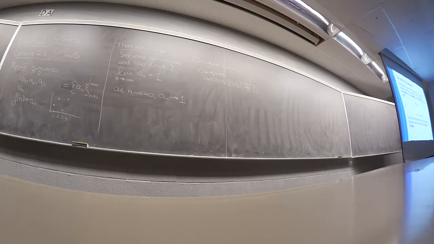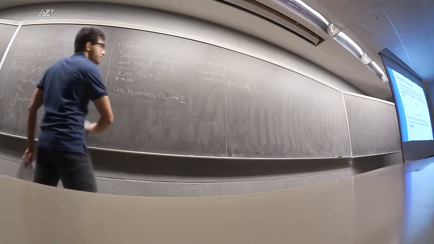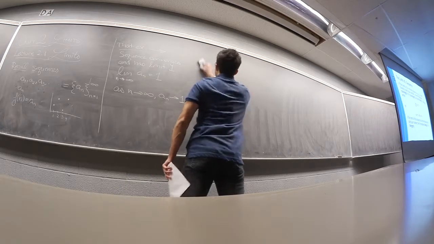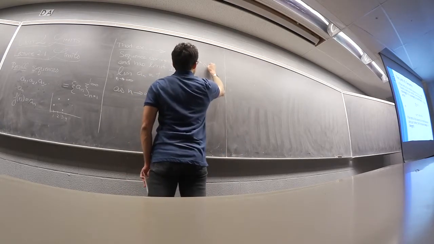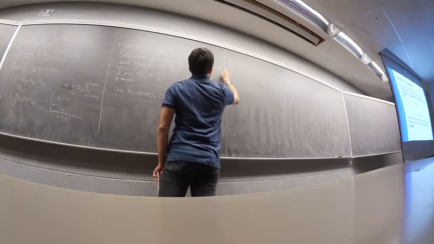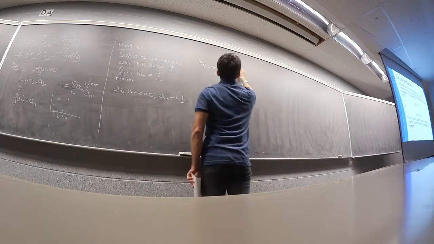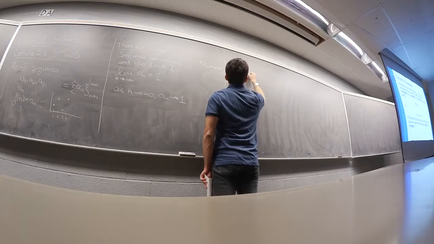And like in that example, it's possible for the terms to never actually equal the limit. They might just approach it, never actually equal it. Okay, saying that a sequence converges or is convergent is the same as saying that the limit exists.